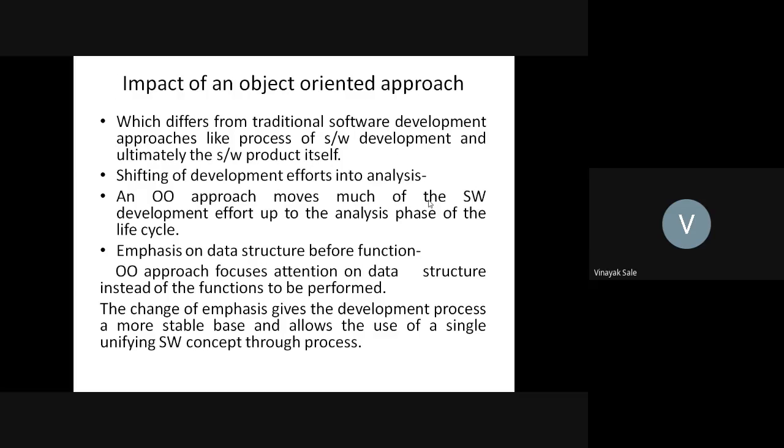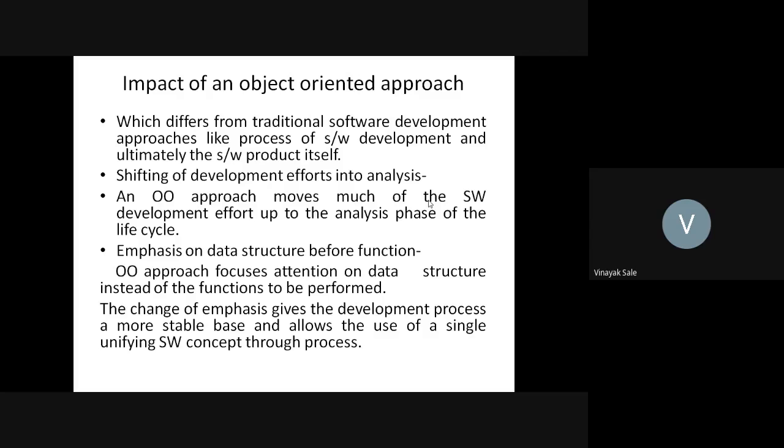Then what is the impact of the object-oriented approach? The impact of the object-oriented approach differs from traditional software development approaches, in the process of software development and ultimately the software product itself. Shifting of development efforts into the analysis: the object-oriented approach moves much of the software development effort up to the analysis phase of the life cycle.